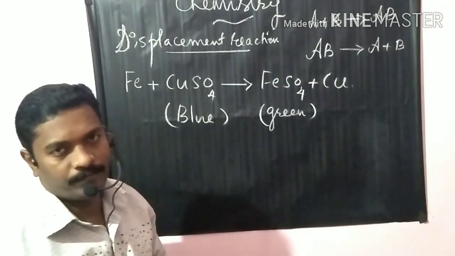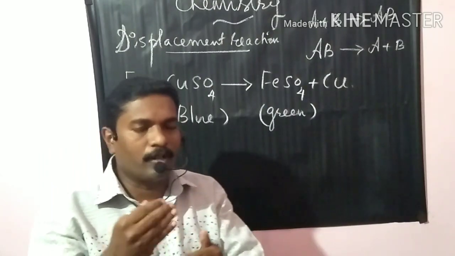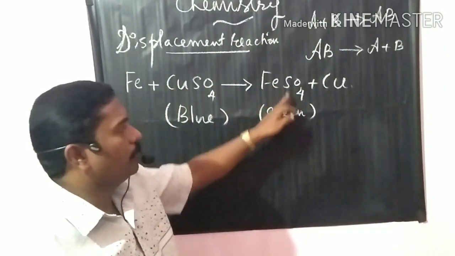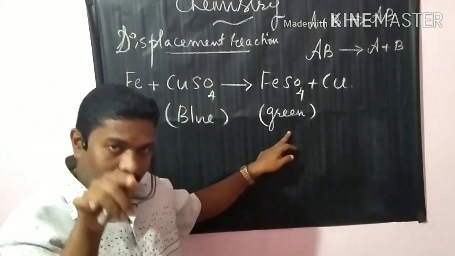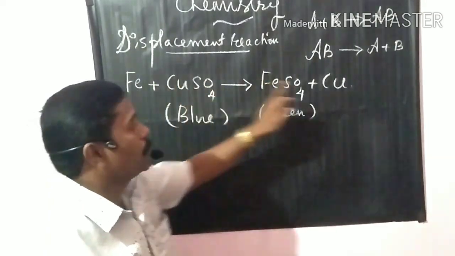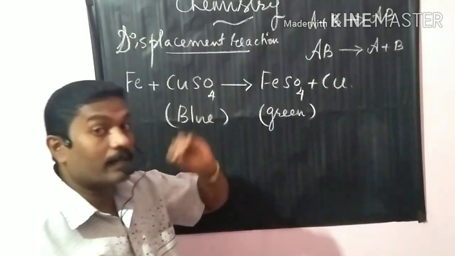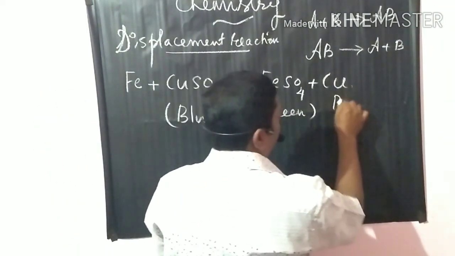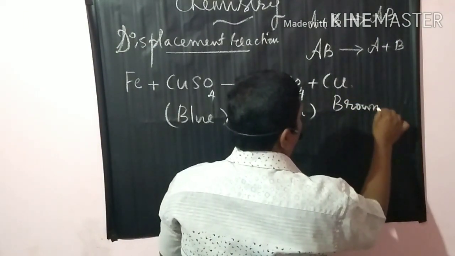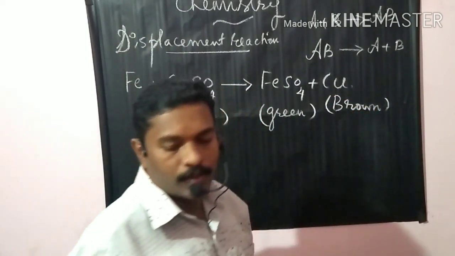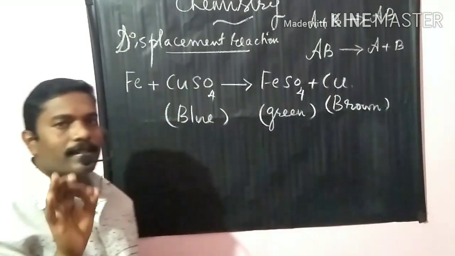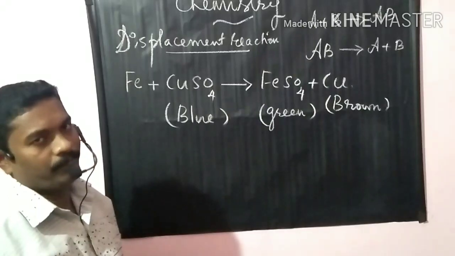So the blue color of copper sulfate changed to green color. At the same time, the iron nail changed to a copper nail, so its color will change to brown.